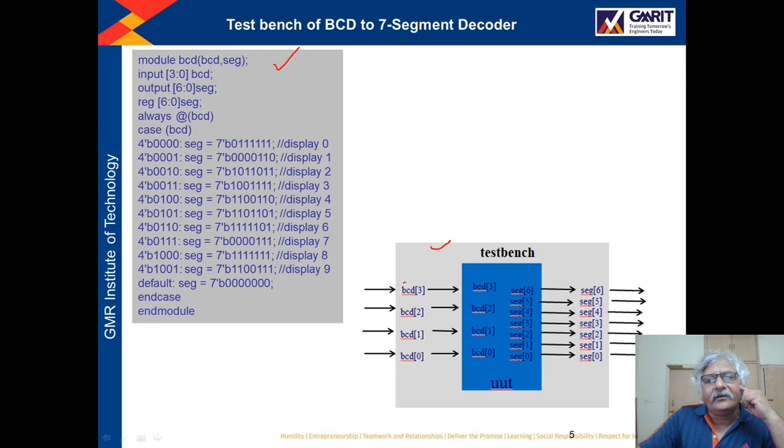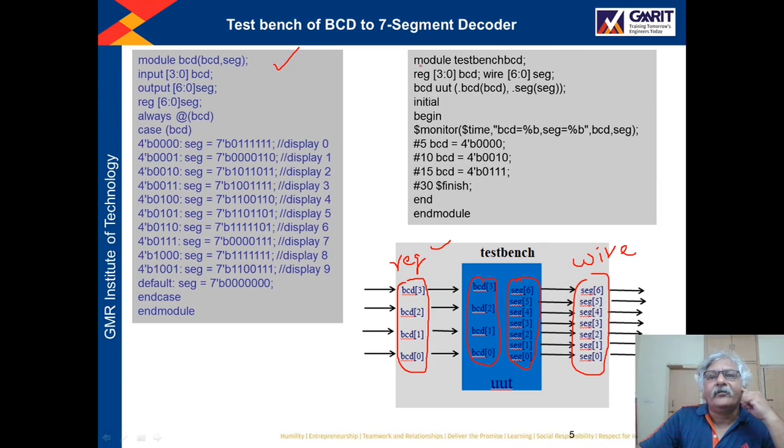Already we know that the ports of the test bench which are interfaced with the input ports of the unit under test will be declared as reg type, and the ports of the test bench which are interfaced with the output ports of the unit under test will be declared as wire, right? So this is a test bench module.